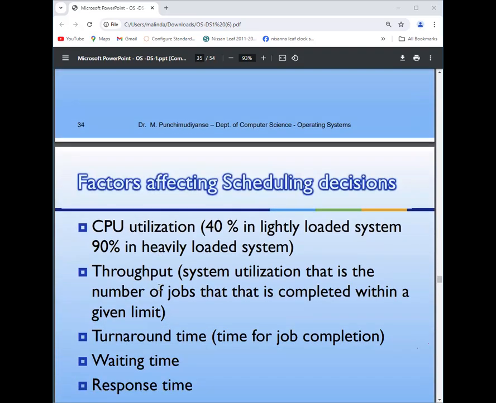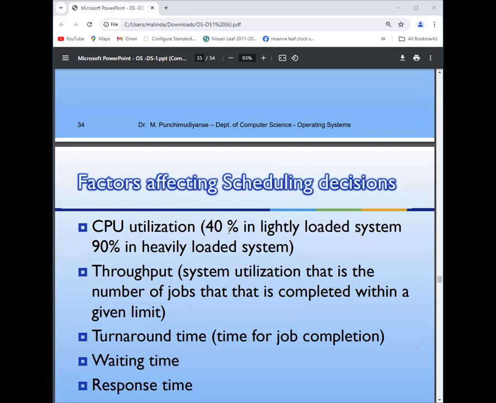There are several factors affecting CPU scheduling. The first one is CPU utilization, which means how much time the CPU is actually running programs.